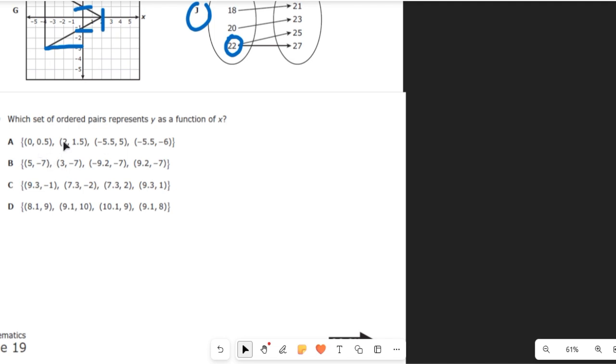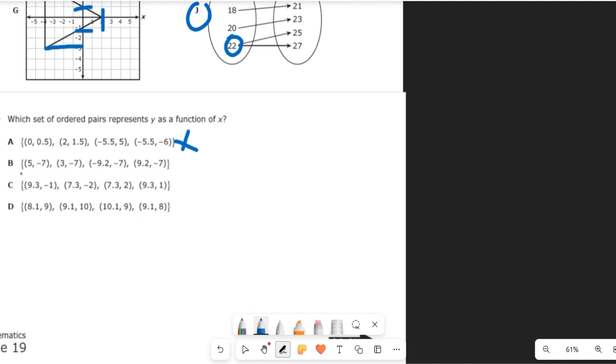We have 0 giving us 0.5, 2 giving us 1.5, -5.5 giving us 5, and -5.5 giving us -6. From this relation, you'll find that the x value -5.5 is repeated with different y values, 5 and -6. That tells us that this is not a function.